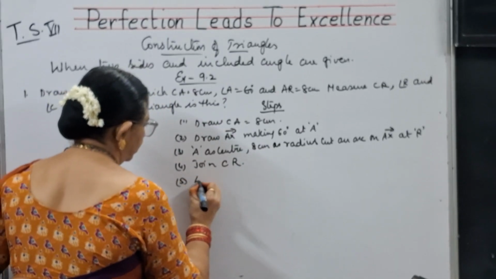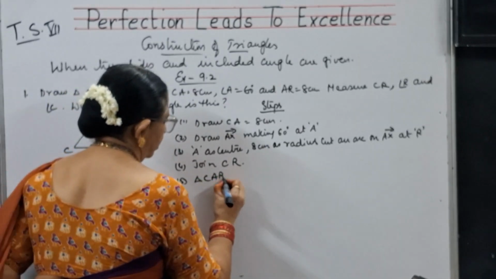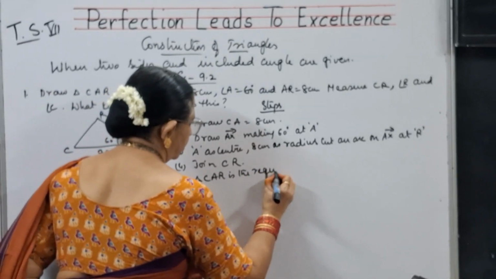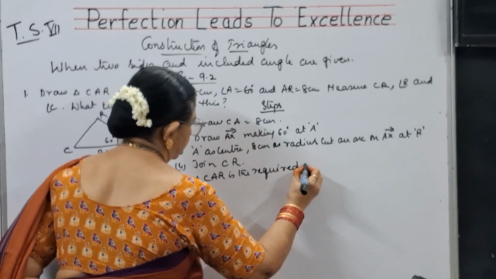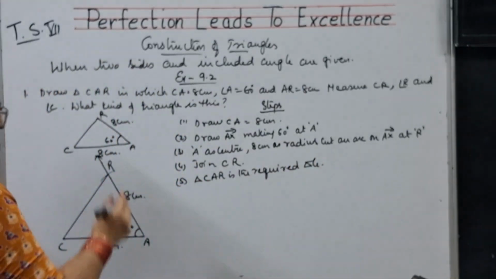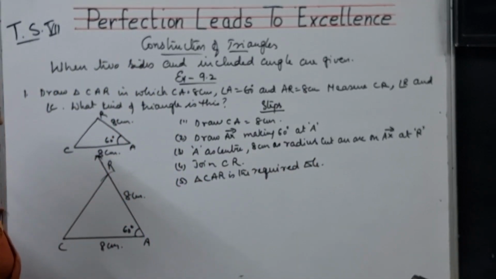Fifth, triangle CAR is the required triangle. So you have done the steps of construction also.